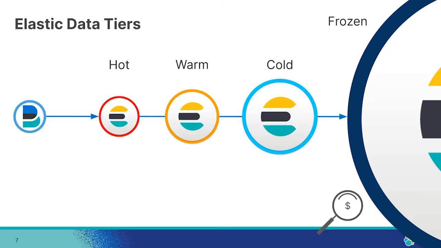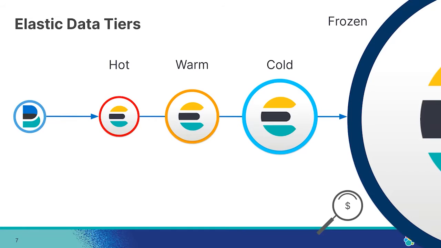Then, with the arrival of searchable snapshots, the exciting capability that literally brings object stores such as S3 to life, we've added 2 newer lower cost data tiers to the Elastic Stack to help our users more effectively balance performance, cost, and data retention needs. The cold tier is for data that's still in the medium relevance stage, but is accessed slightly less frequently than in warm and has become read-only.